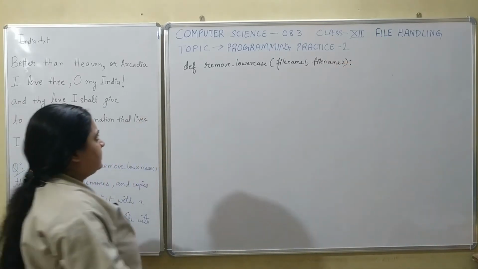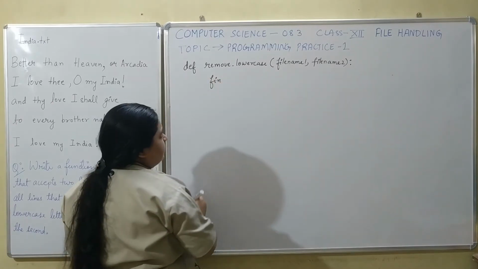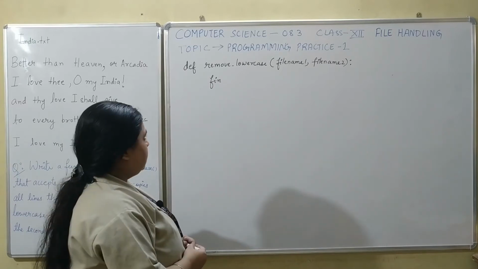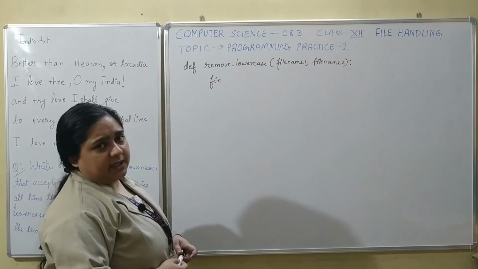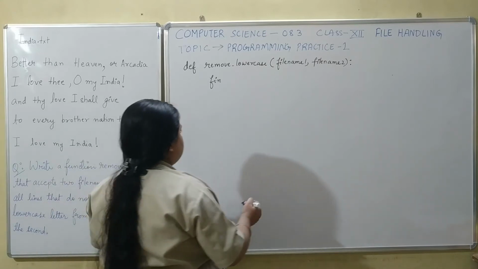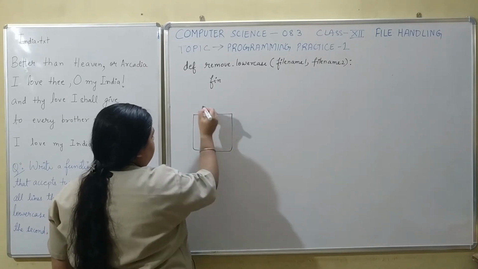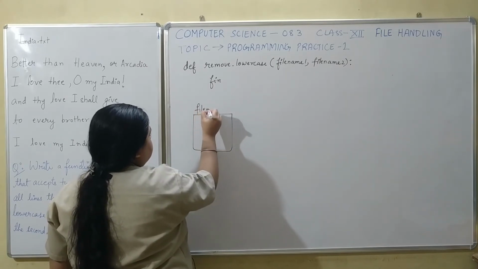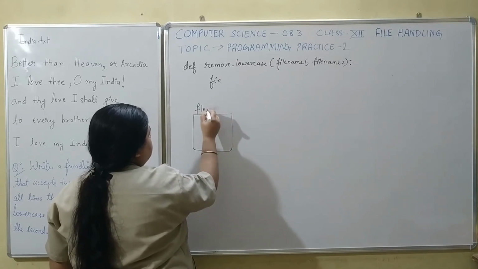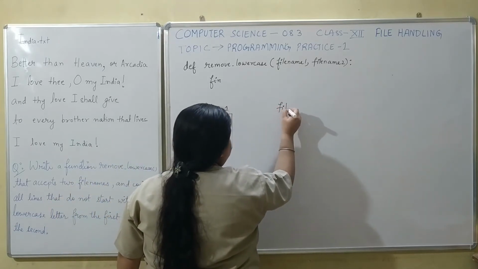Now we are going to use two file handles. One file handle will be opening the file in the read mode, that is input mode, because what we need to do is, if this is one file, this is file name 1 and this is file name 2.